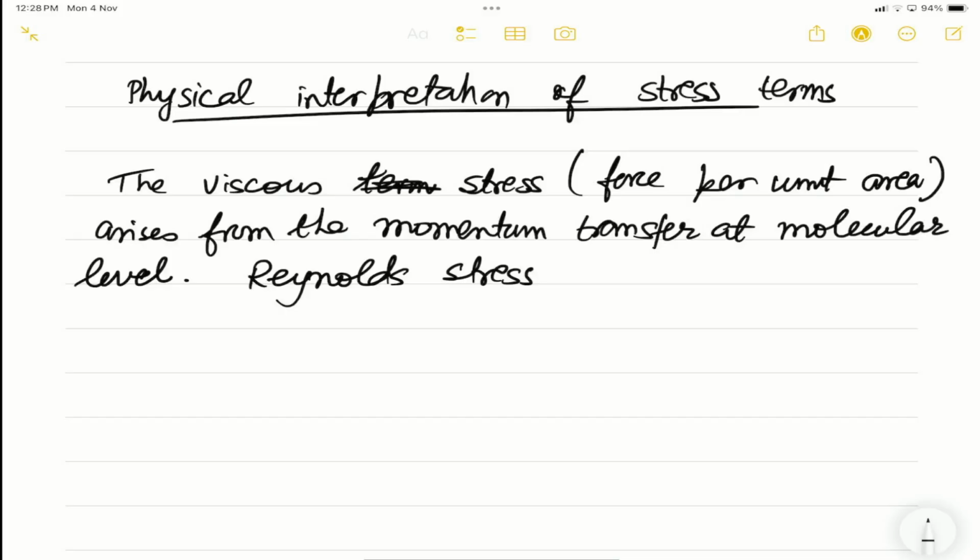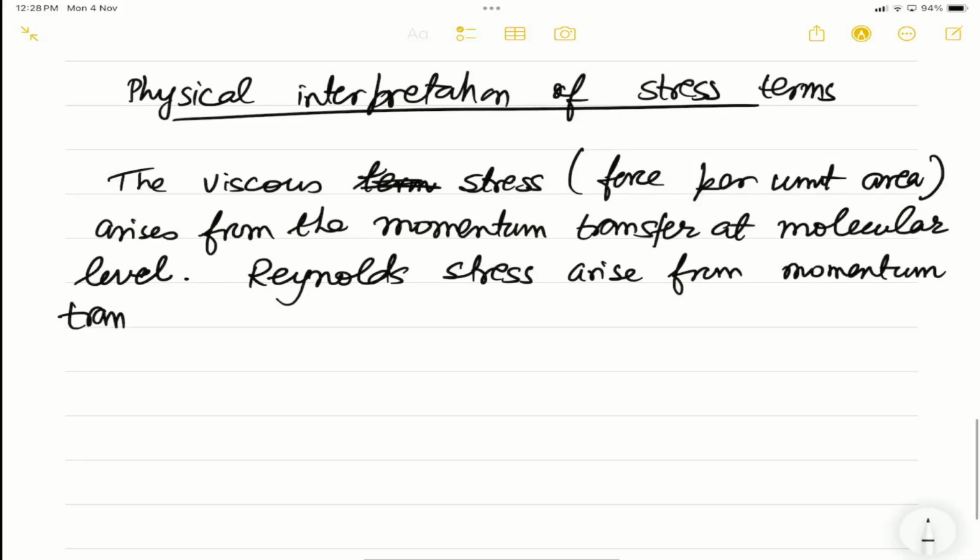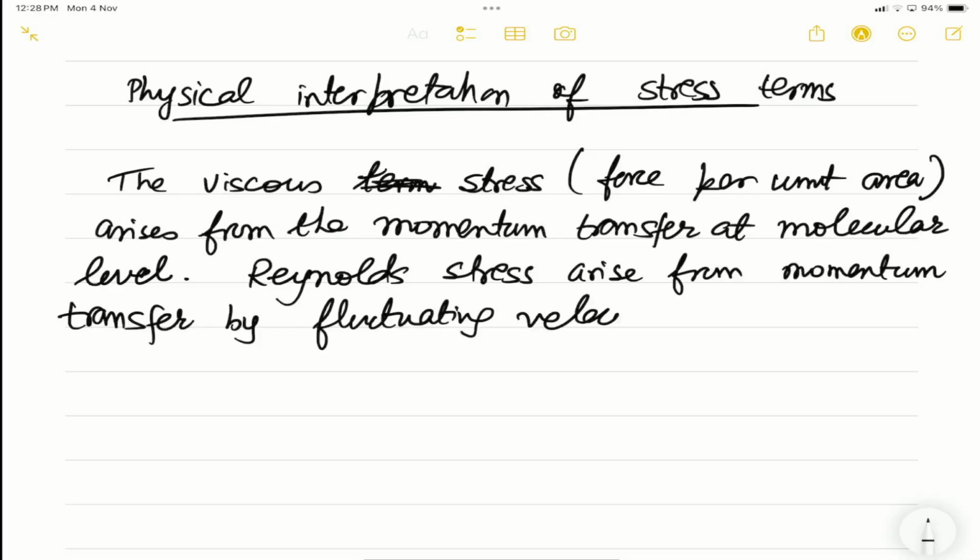So now, Reynolds stress arises from momentum transfer by the fluctuating velocity field.